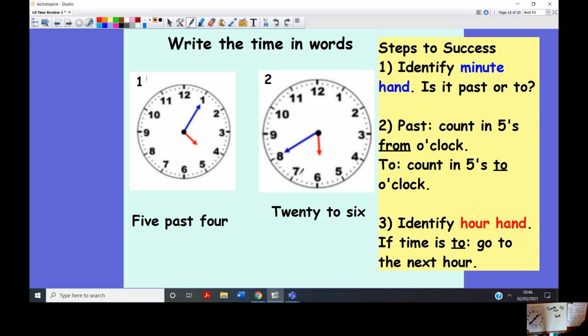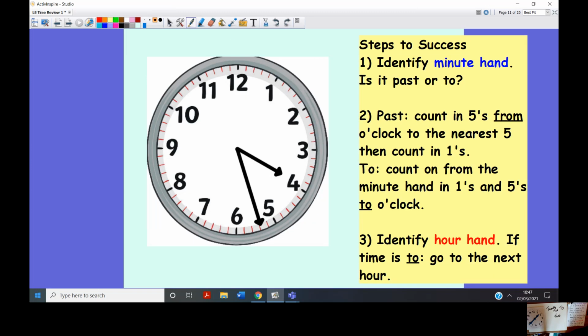Remember that this minute hand here has passed our half past point, which is kind of our magic point for telling time. So we've actually already had a look at examples of looking at to 1 minute. So this should actually be a bit of a recap.